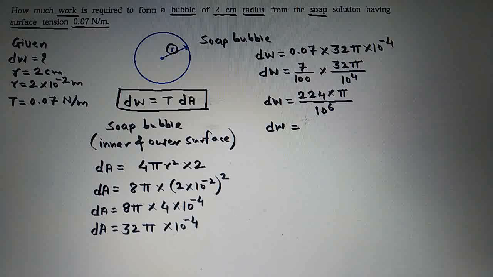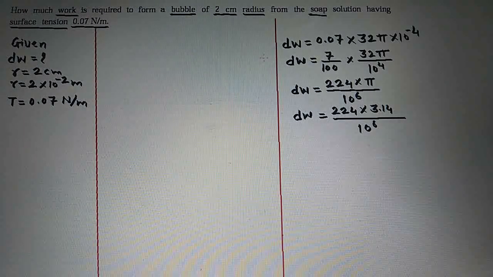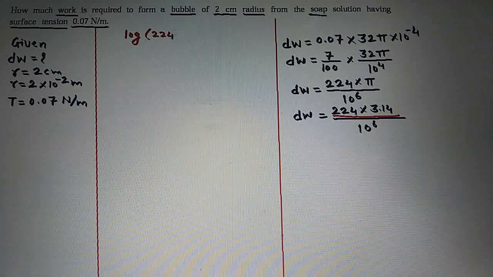Next we will write here dW is equal to 224 into, what is pi, 3.14 divided by 10 raised to 6. Next we will do the calculation of these 224 into 3.14, and this we will do by using the log. So we can write here log of 224 into 3.14.